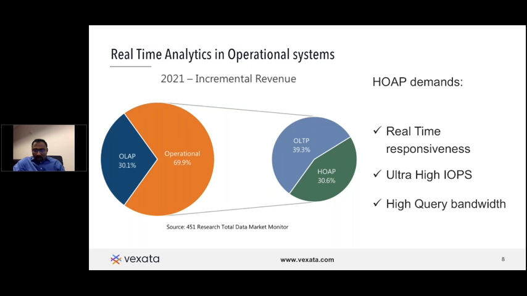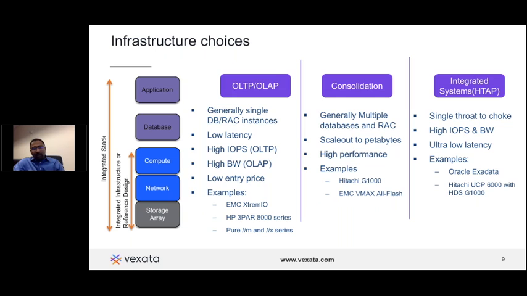There are a number of choices that customers have in implementing essentially different workloads: OLTP, OLAP. Now there's consolidation, and there's also the HTAP that I talked about. So today you'll see that there are a variety of choices that end customers have for implementing all these different workloads.